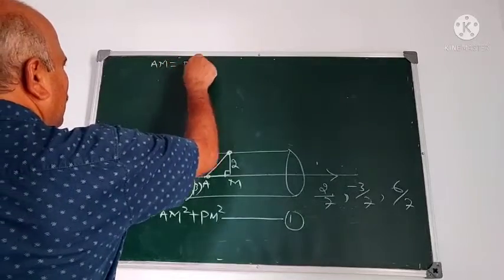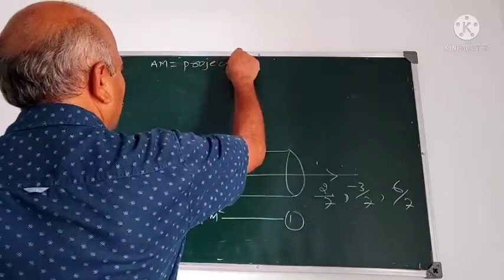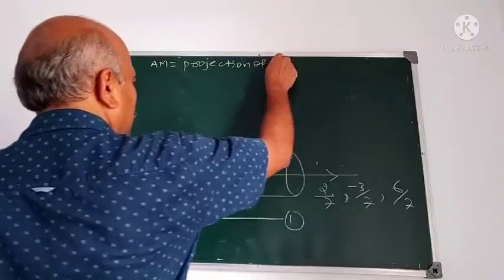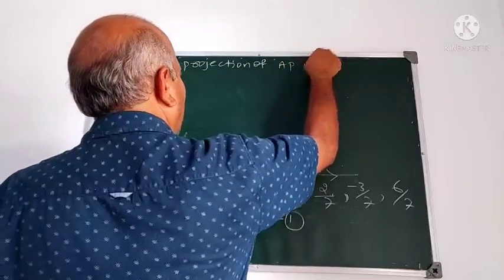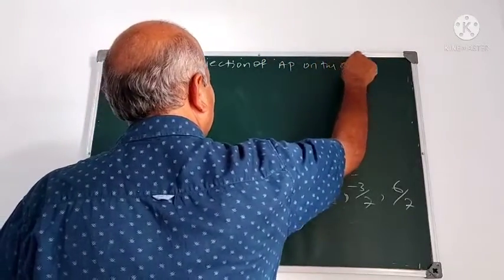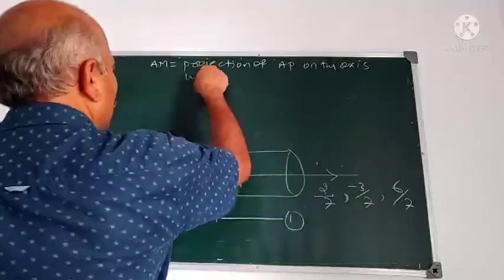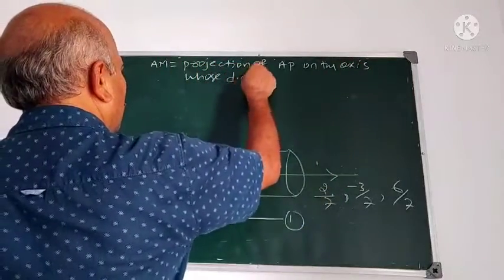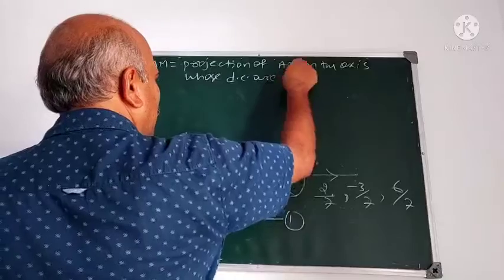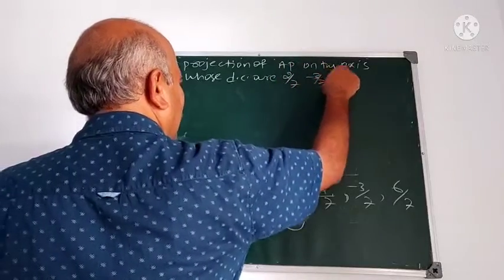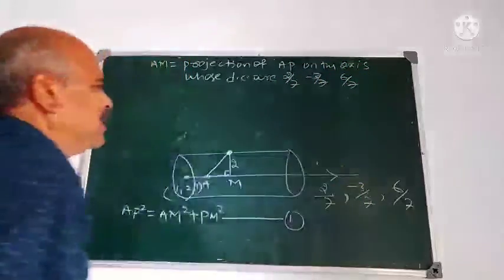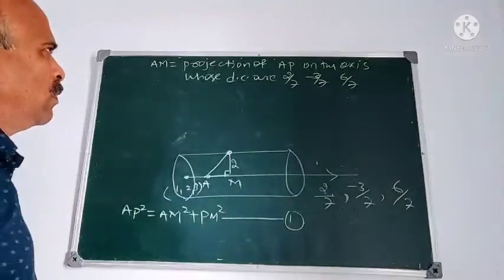AM is the projection of AP on the axis whose direction cosines are 2 by 7, minus 3 by 7, 6 by 7. What is the formula?